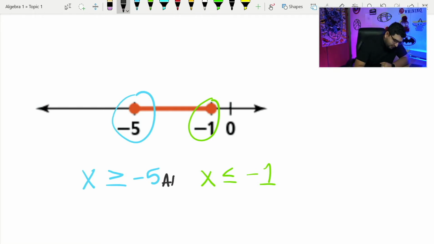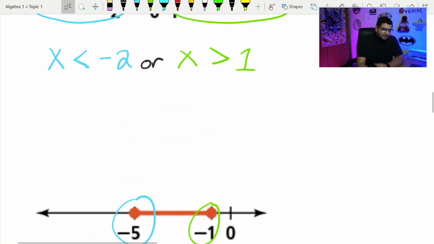So we would write the word and in between, because I have this inequality and this inequality. In this case, x has to satisfy both inequalities in order to give us a true statement. x has to be greater than or equal to -5, and at the same time x has to be less than or equal to -1. So only values that are in between these two numbers will satisfy this compound inequality.